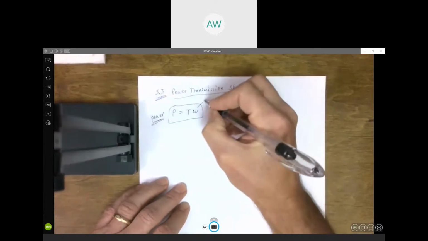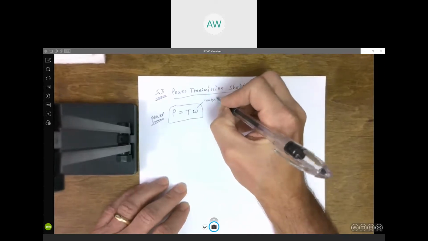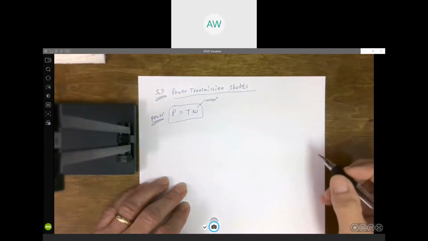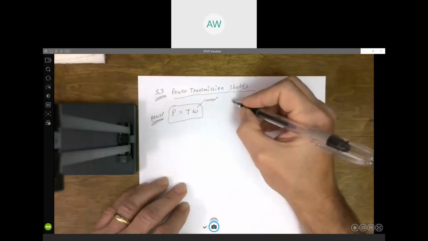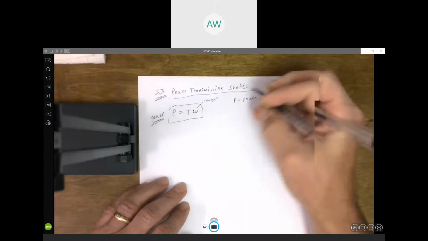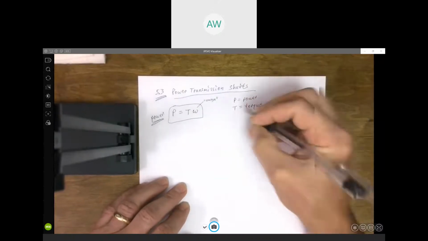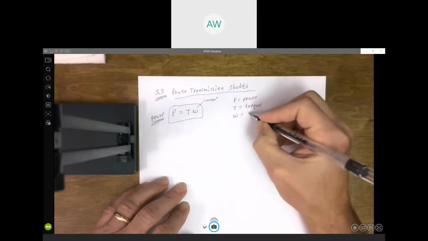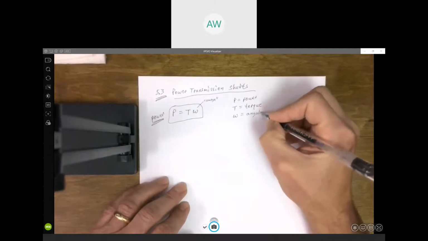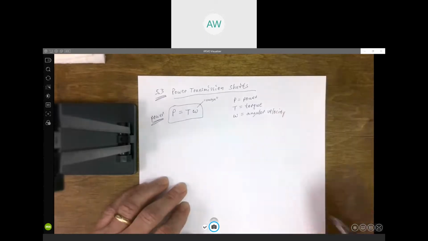Again, this is a lowercase Greek letter omega, the angular velocity. So P here is power, T is the torque, and omega here is the angular velocity, how fast this transmission shaft is spinning around.